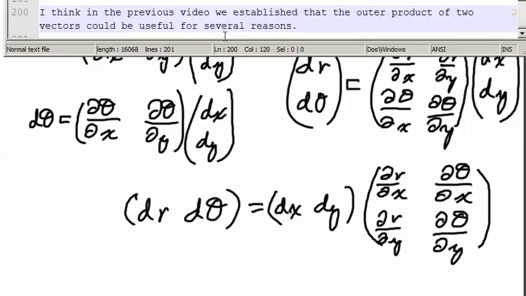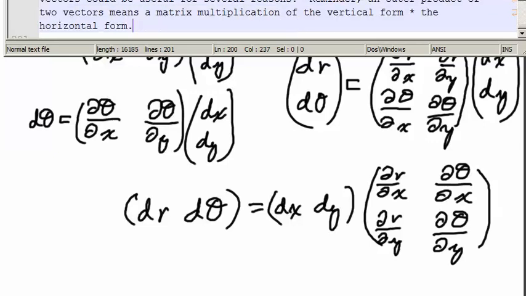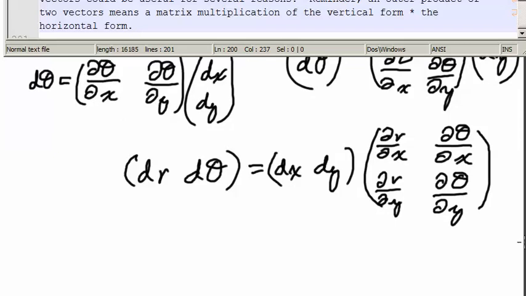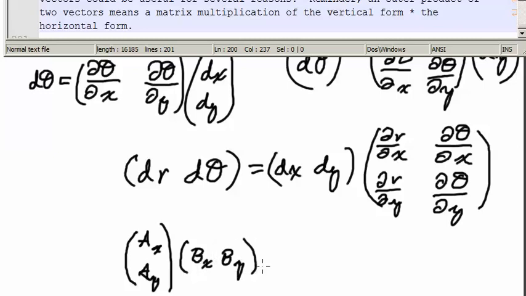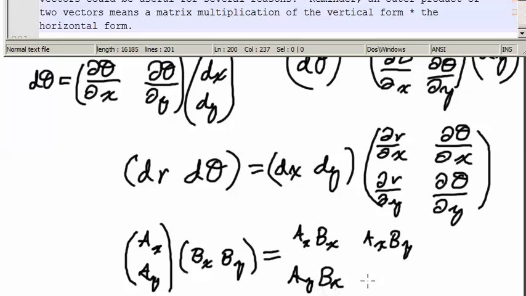I think in the previous video we established that the outer product of two vectors could be useful for several reasons. Reminder, an outer product of two vectors is the vertical form a sub x, a sub y times the horizontal form b sub x, b sub y, and you end up with a sub x b sub x, a sub x b sub y, a sub y b sub x, and a sub y b sub y.